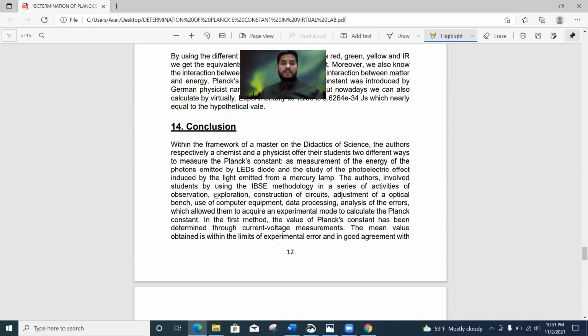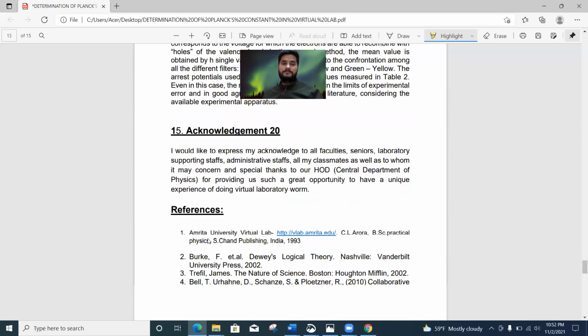The authors involved the students using inquiry-based science education methodology in a series of activities: observation, exploration, construction of the circuit, adjustment of the optical bench, use of computer equipment, data processing, and analysis of the error, which allowed them to acquire an experimental mode to calculate Planck's constant. This is the conclusion.